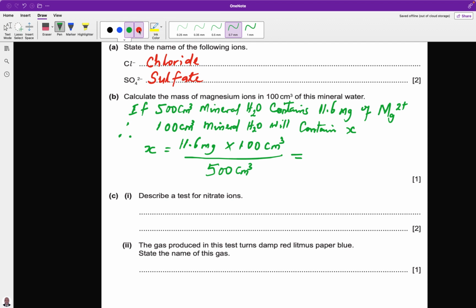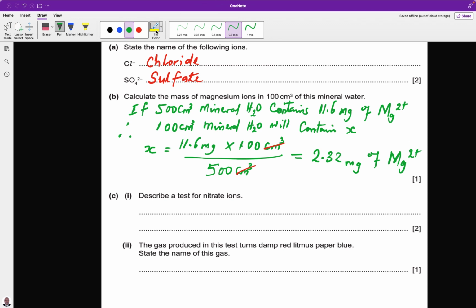We will have to cancel out the units. This one will cancel this one. And our value here will be 2.32 milligram of magnesium ion.